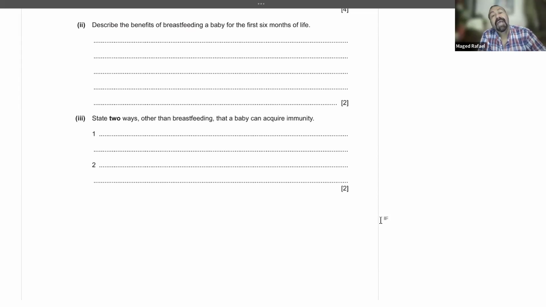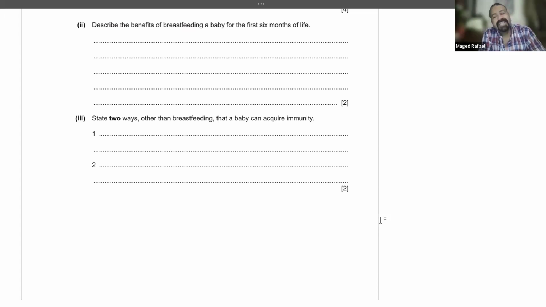the health conditions of the mother, because if she has that amount of fluids in the body, this might be a medium of infection. Okay, for triple I, state 2 ways other than breastfeeding that a baby can acquire immunity.